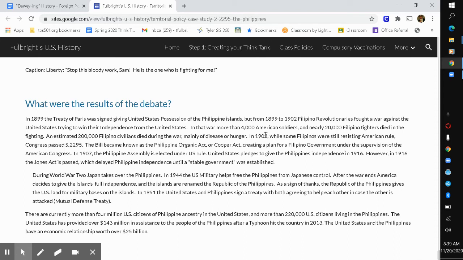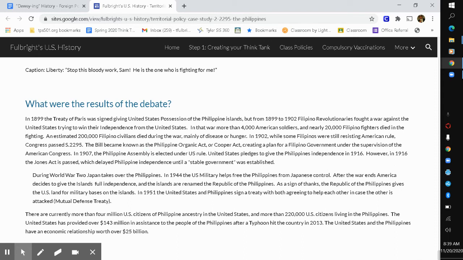In 1902, during the war, we passed the bill that became known as the Philippine Organic Act or Cooper Act, creating a plan for a Filipino government under the supervision of our Congress. When the war is over, we helped them create the Philippine Assembly. But it's important to know that we maintained control in the Philippines, and there was a high price to that war.